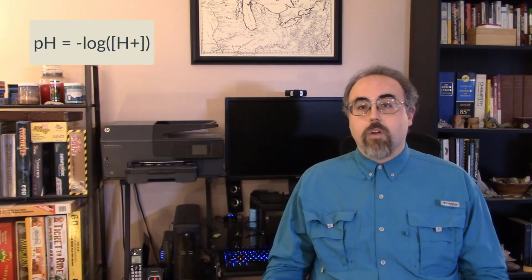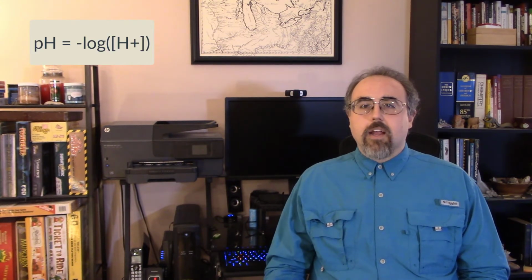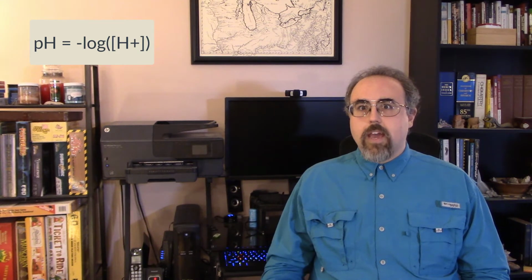Okay, so we have this negative log thing. Now, what if I want to go backwards? So going forwards, I simply take the negative log of whatever my hydrogen cation concentration is. Yay! What about going backwards? Let's say the pH is 6. How do I get that into the hydrogen cation concentration? Well, if you look at your calculator, you almost certainly see right above your log function a function that is 10 to the x.